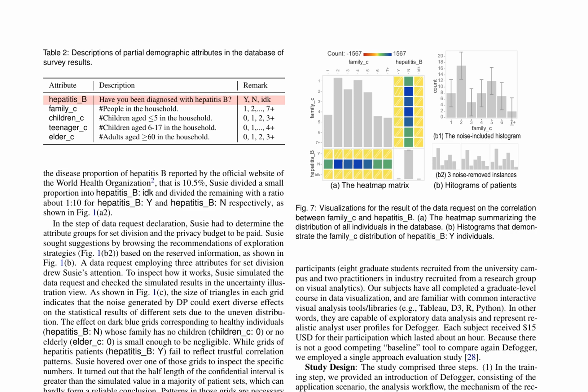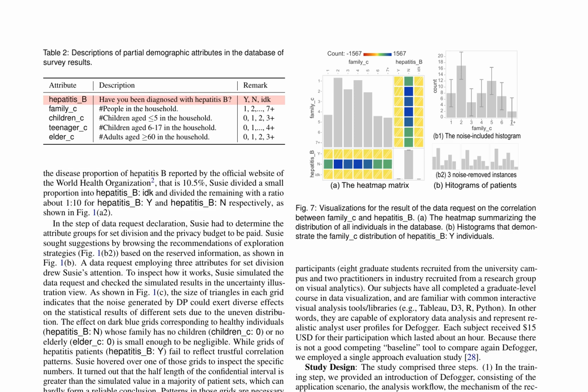The distribution of hepatitis_B is based on the official data from the World Health Organization, which reports a disease proportion of 10.5%. To simulate the data request process, a hypothetical user, Susie, uses the Defogger system to explore the correlation between hepatitis_B and family_C.